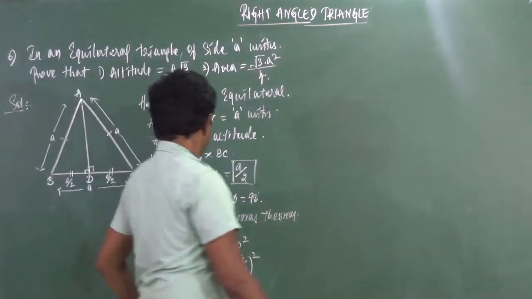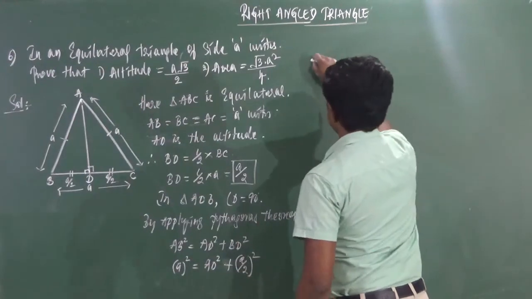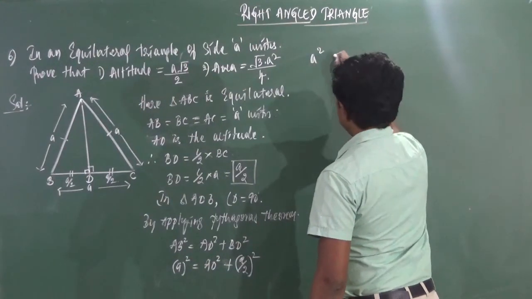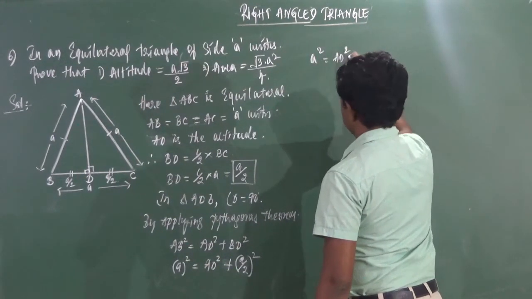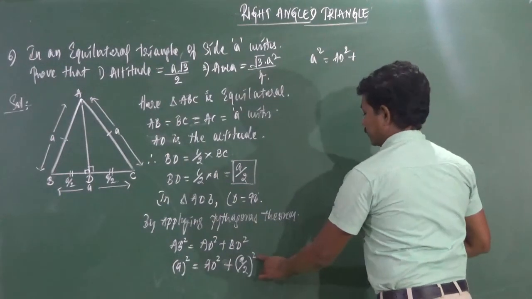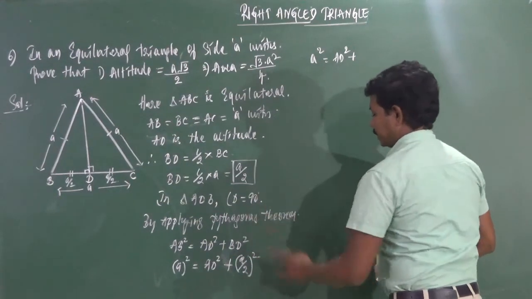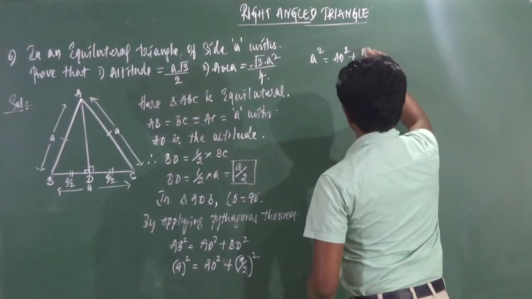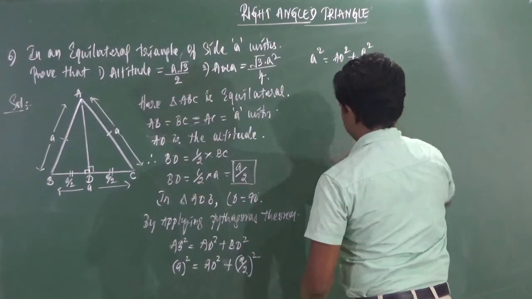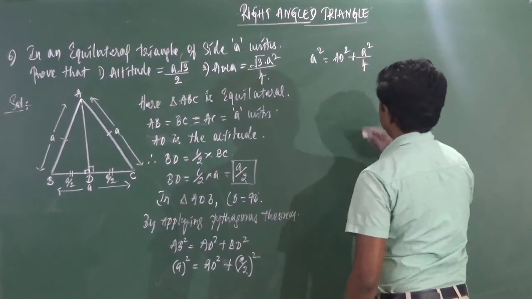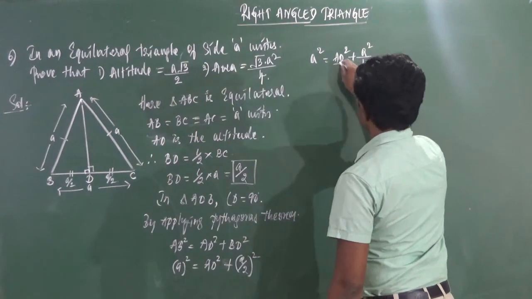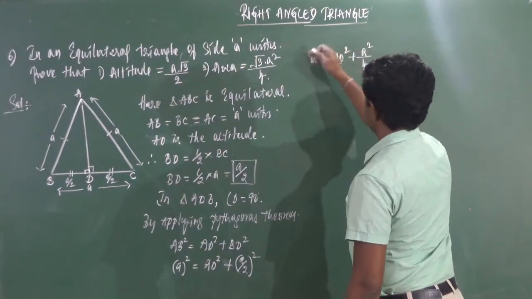So A square is equal to AD square plus A square by 4, because the square applies to the numerator as well as the denominator, and 2 square is 4. So keeping AD square as the subject, we will transpose A square by 4 to the LHS.